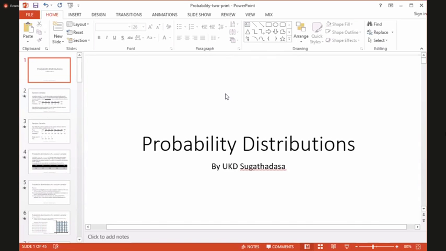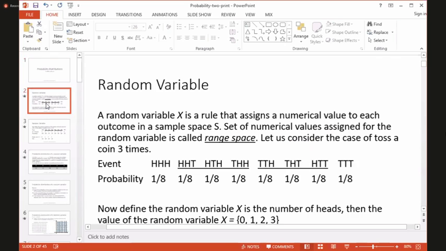Now, I'm not going to use the slideshow mode because I just want to quickly summarize what you have done so far. I can see the definition of the random variable. Very important thing. Earlier we practiced the sample space. Sample space normally consists of many times characters.